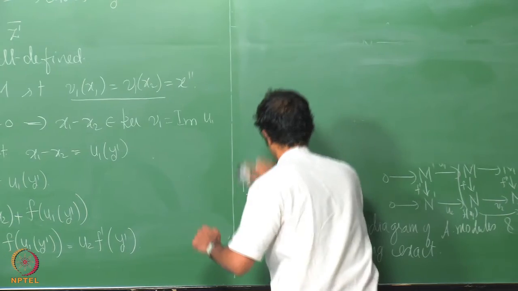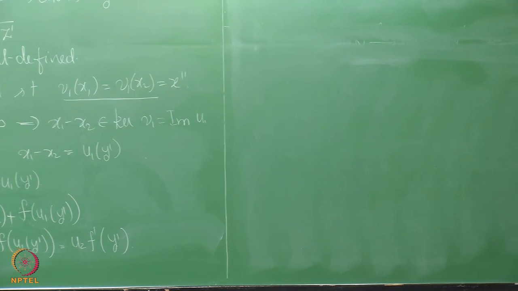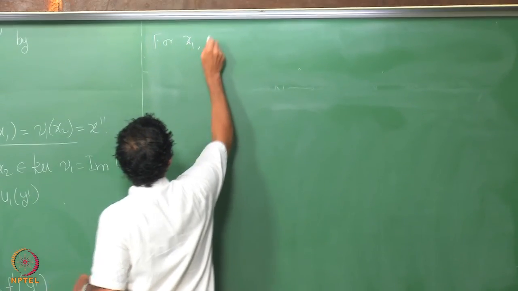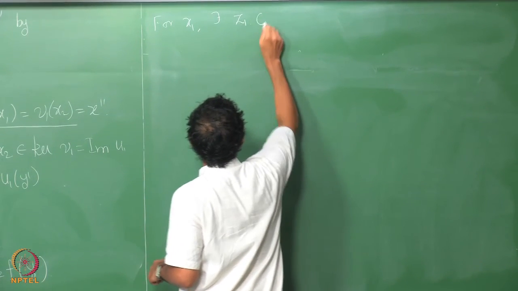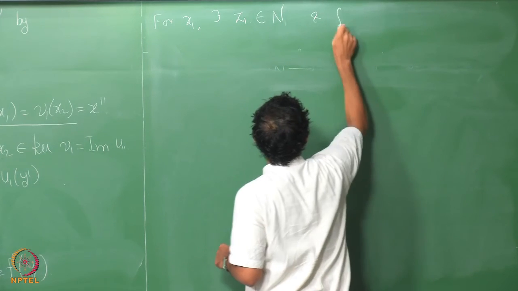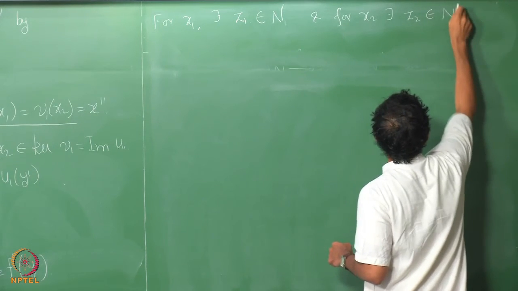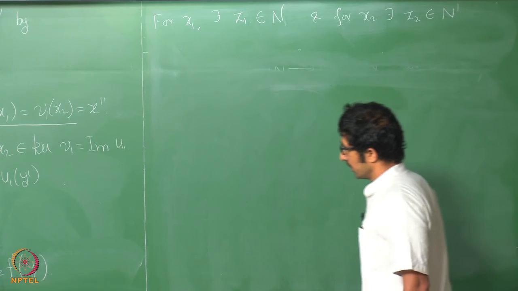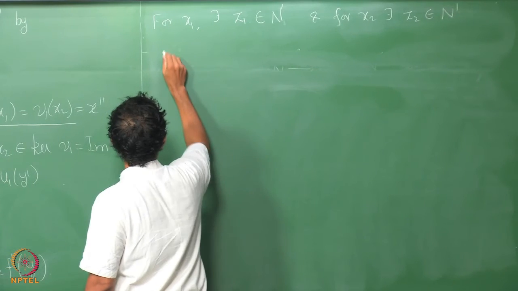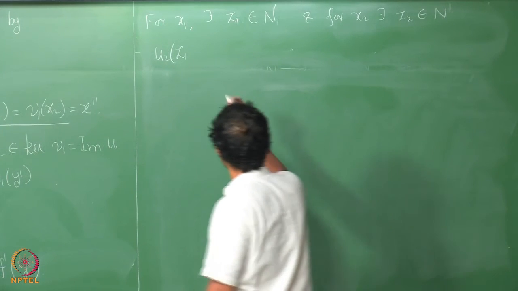Now for x1 there exists z1 in N prime, and for x2 there exists z2 in N prime. What would be u2 of z1 minus z2?